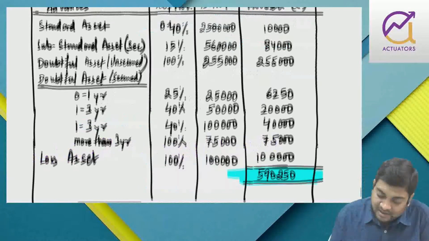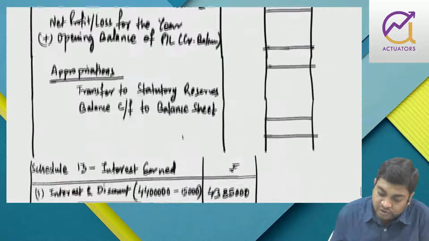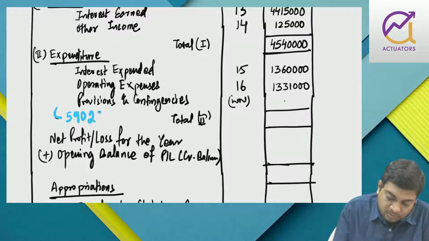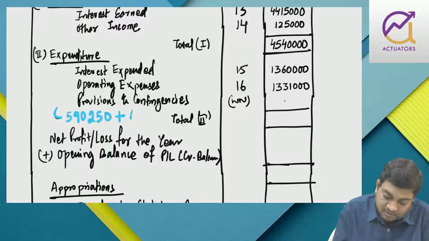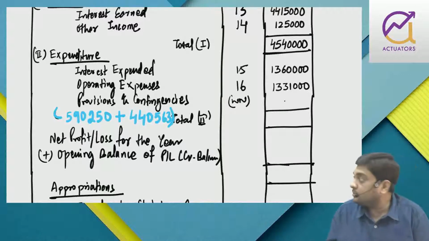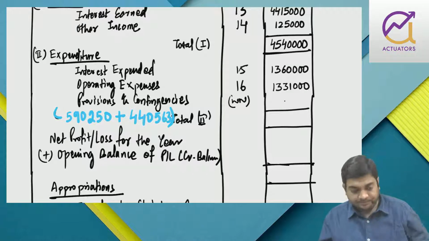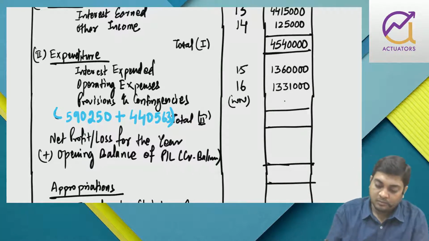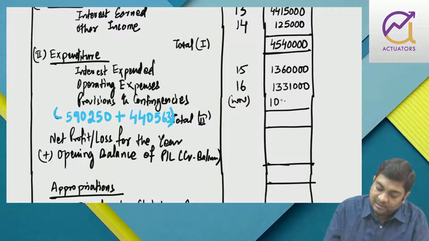So when I put it above, here I will show 590,250 plus 440,563. Just add up. So it is like 10,30,813.